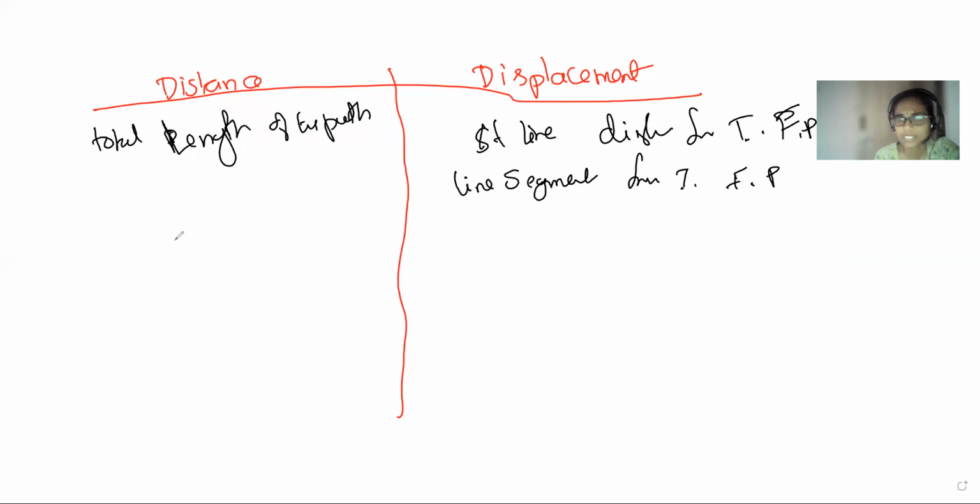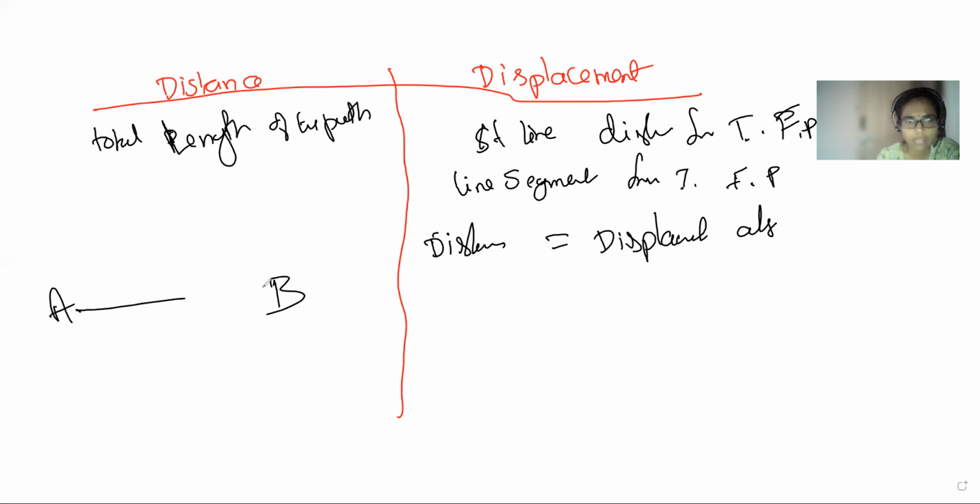Sometimes children, distance may be equal to displacement, but displacement is never greater, sorry, it will be always less. Let us imagine A and B. It will come here, and this is called a distance and a displacement also.